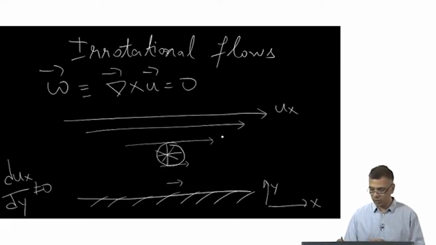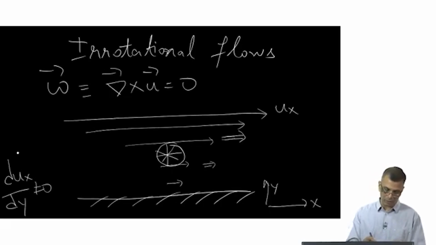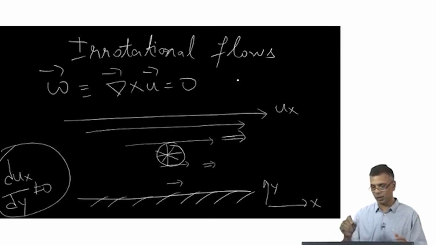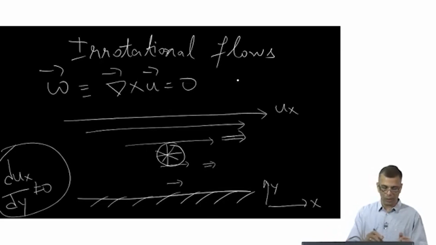If you placed a little paddle wheel in here, it would rotate because the force on top is slightly larger than the force at the bottom. So this is a situation where the curl of u is not 0. You can arrive at this also by looking at the definition of curl.